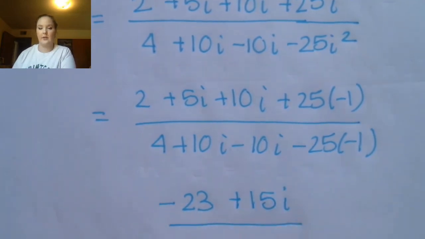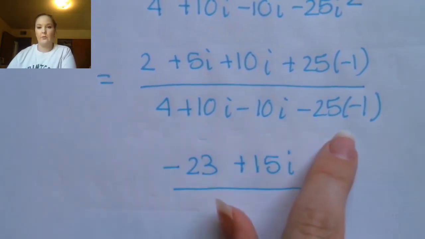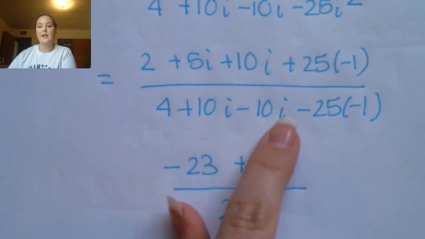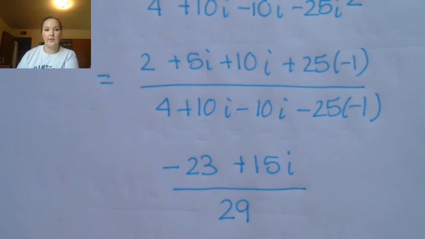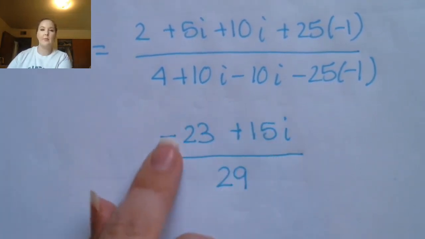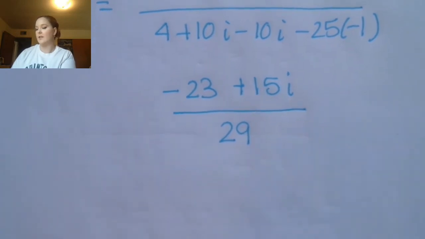And then let's look at our denominator. 4 plus 25 is 29. And the imaginary parts will cancel like you want them to. So again, we're going to split this up, but this time it doesn't divide evenly.